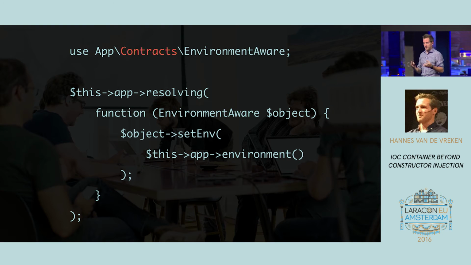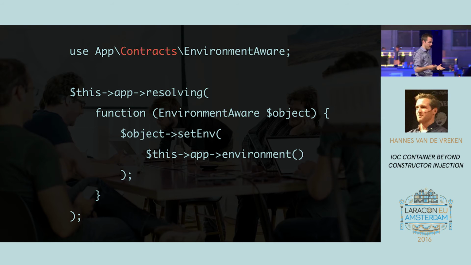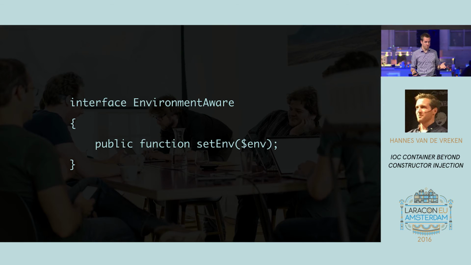You can set that environment via method injection. That's a different form of dependency injection. So you can set that environment on that object. So the environment-aware interface looks like setEnv. It has one single method, setEnv.